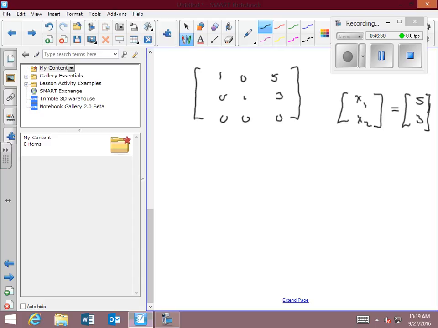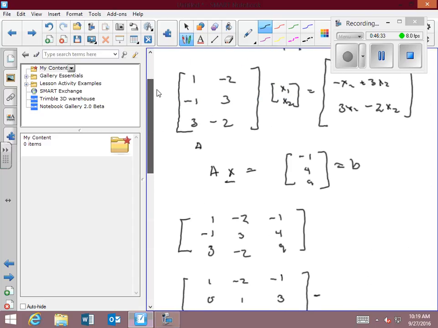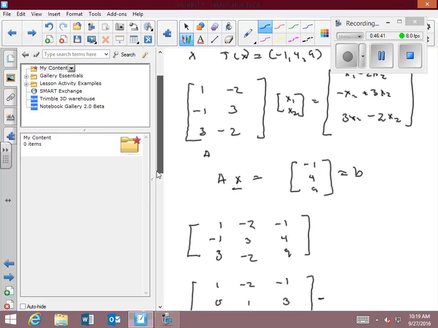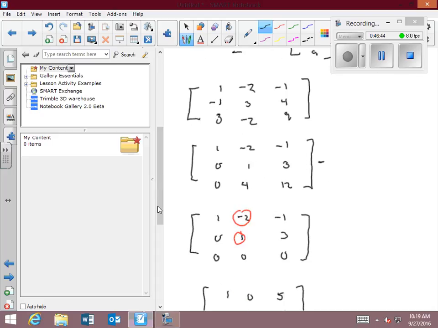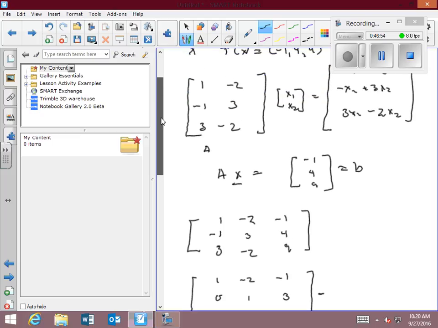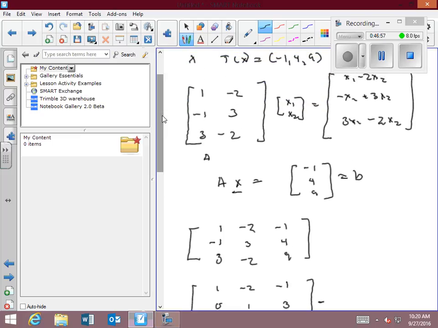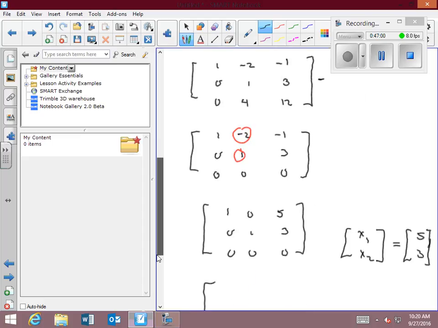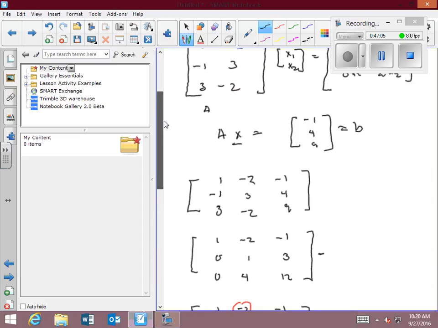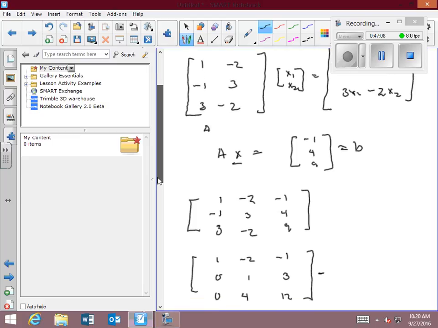So then, when we do that A transformation, that thing times those should give us what we found. I can't remember that matrix right there. 1, minus 1, 3. The next column is what? -2, 3, and -2.